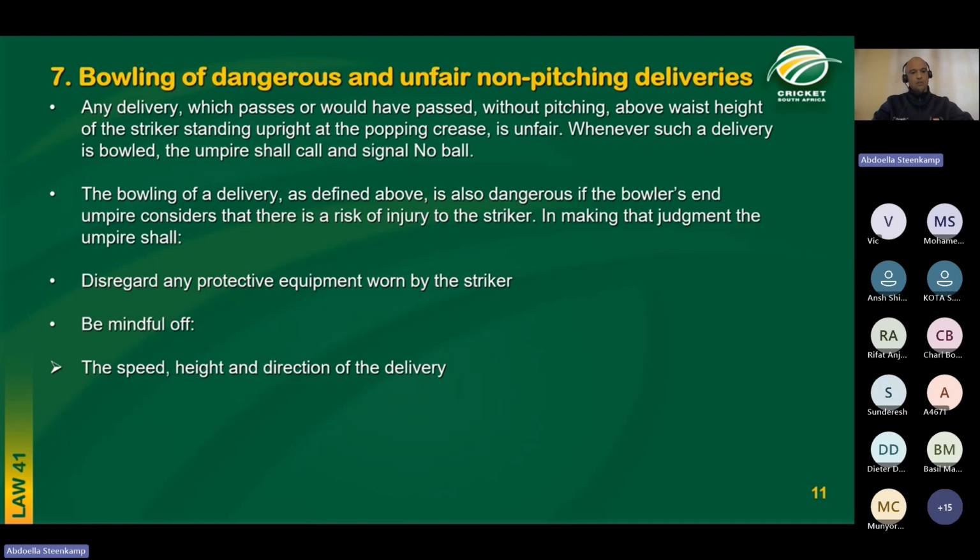Take into account speed, height, direction of ball, skill of the striker, repeated nature of such deliveries. So now you need to take into account, was the ball dangerous or not? Firstly, if it's above waist height of the striker standing upright at the popping crease, you need to call and signal no ball. Then further on, you also need to make a judgment call whether you think that ball is dangerous and was likely to inflict physical injury to the striker.